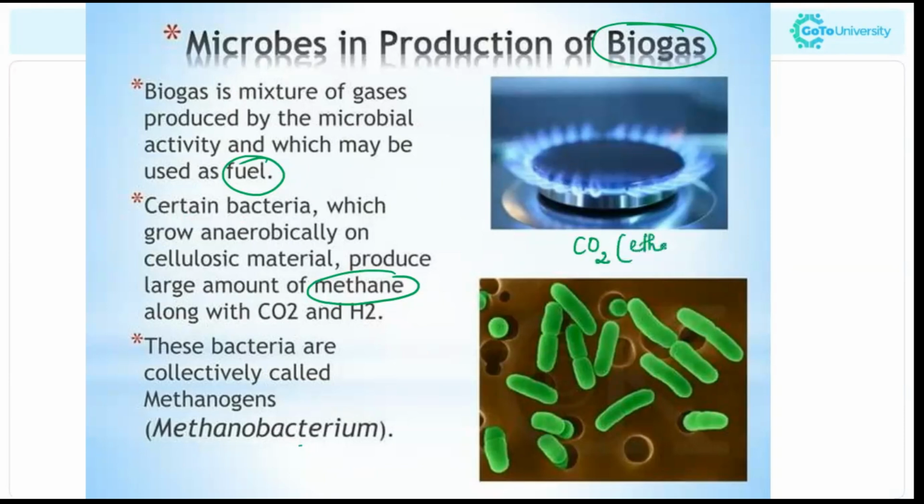Ethanol fermentation, isn't it? And certain bacteria which grow anaerobically on cellulose material produce large amounts of methane along with carbon dioxide and also hydrogen. So these bacteria are collectively called methanogens or methanobacteria.